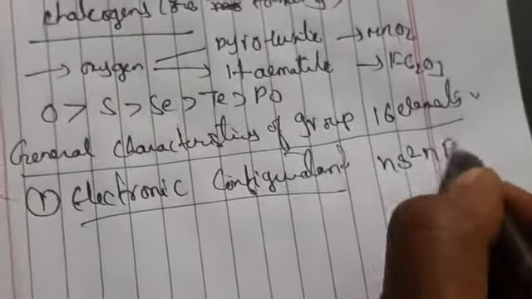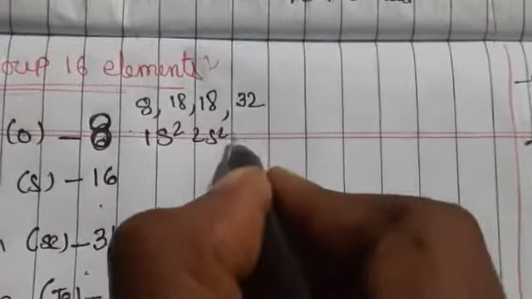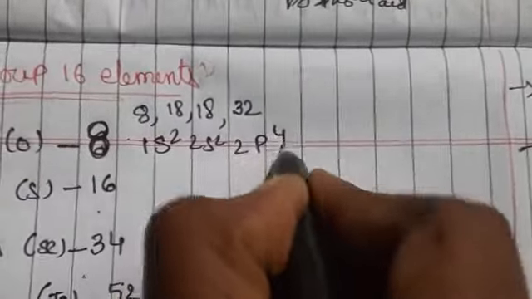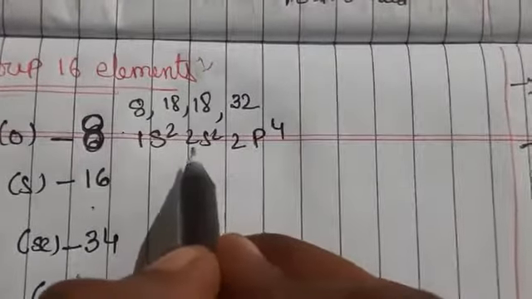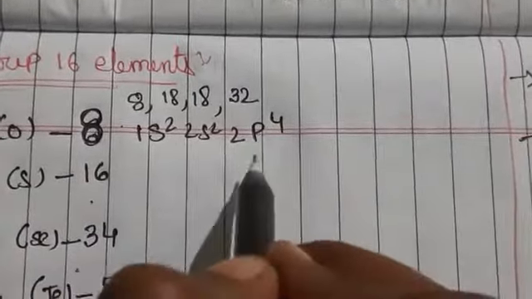The general electronic configuration here is ns2 np4. Coming to oxygen, if you write the configuration, it is 1s2 2s2 2p4. So the general electronic configuration is ns2 np4, we can say.